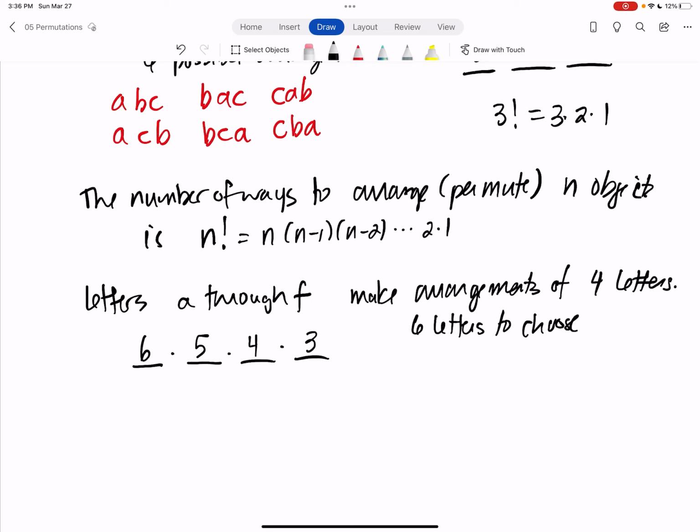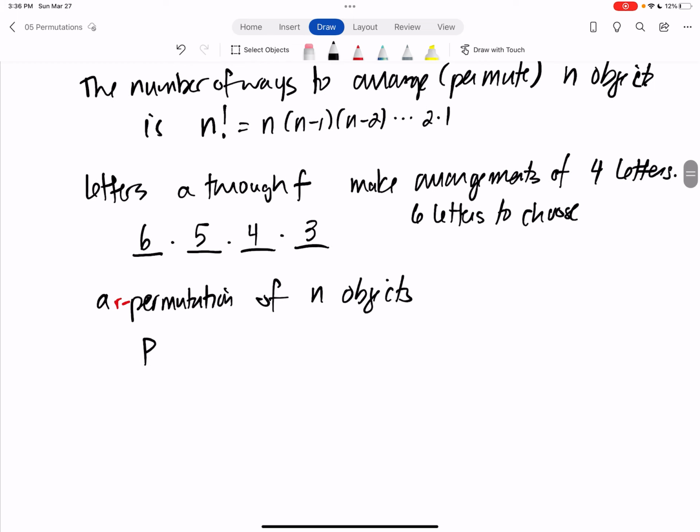This is an R permutation of n objects. And the notation that we use is P of n comma R. It starts with n factorial, but then we divide out n minus R factorial.